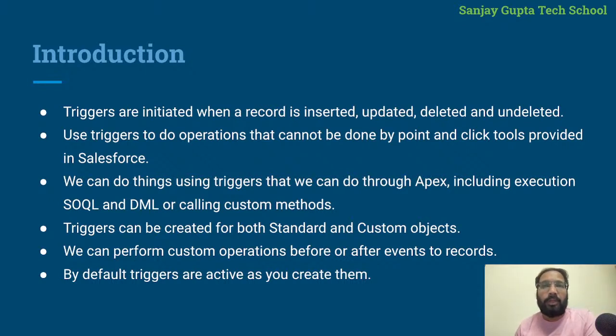Here we have two words, before events and after events. In a trigger, we have two types of events that we need to understand. I will be explaining what a before event is and what an after event is. And by default, triggers are active as you create them. Okay, so these are some points that you can explain while answering what is a trigger in an interview.